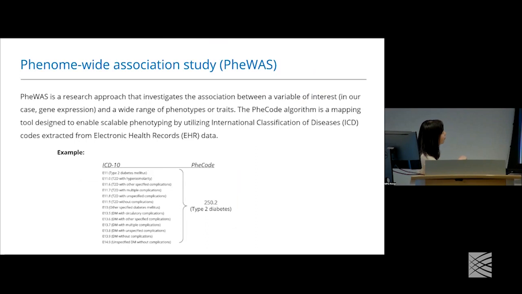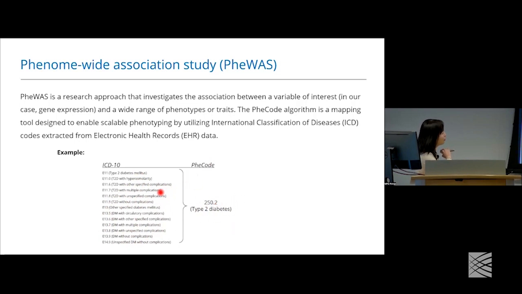And the PheCode algorithm is a mapping method that enables scalable phenotyping by using ICD codes from the EHR data. So for example, here is a list of ICD-10 codes, and all of them represent type 2 diabetes with different complications. And the PheCode mapping algorithm will group them together to create a single phenotype, type 2 diabetes.